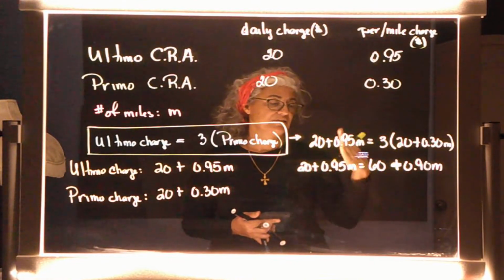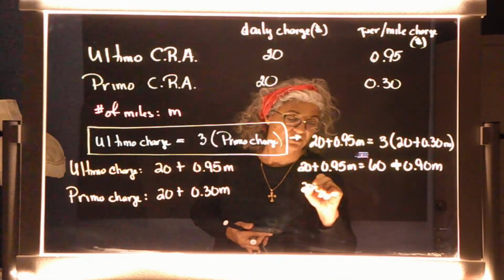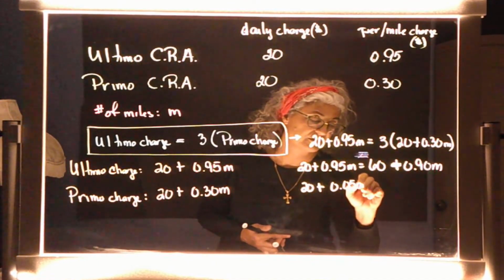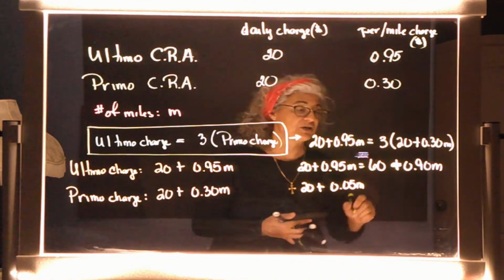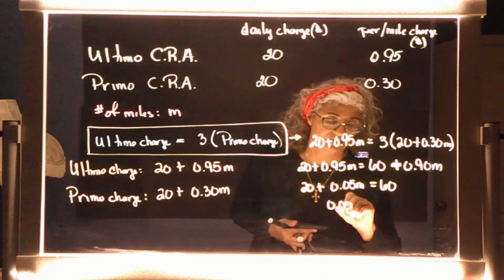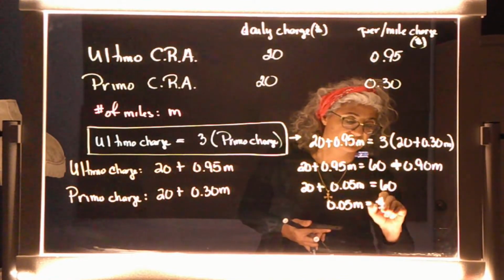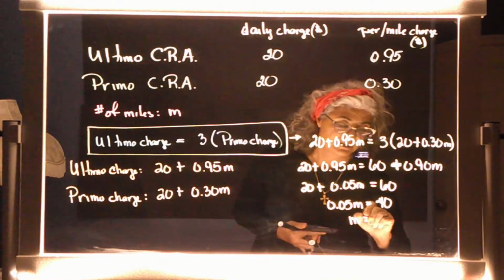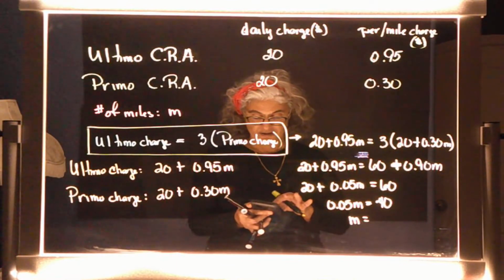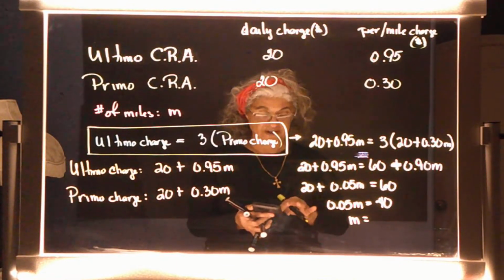So I'm going to bring the 0.90 to the left. Why? Because I want to keep the coefficient in front of m positive. And then I am going to move the 20 to the other side. And, yep, I am going to have to do 40 divided by the 0.05, aren't I?